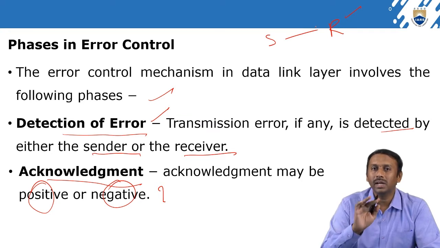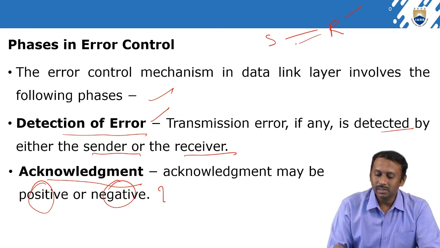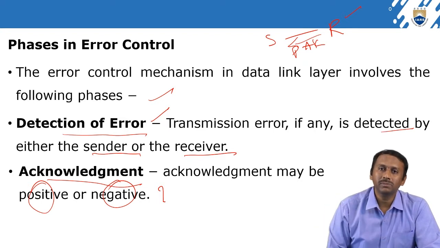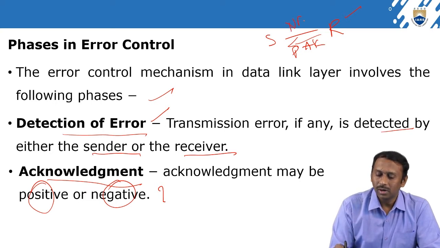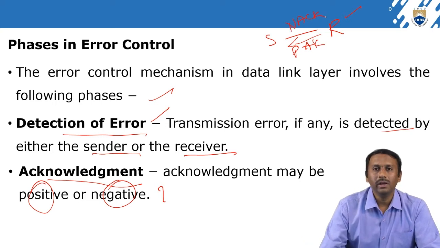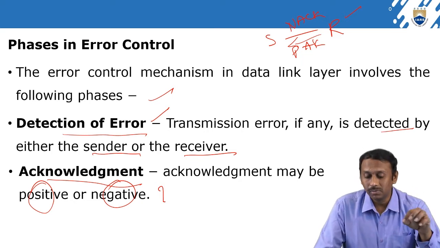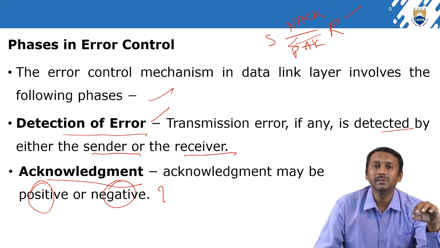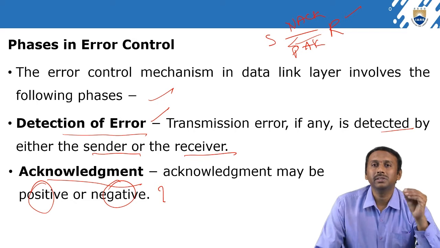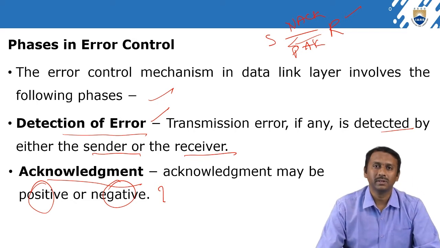The sender sends the data, the receiver successfully receives it without any data loss, then the receiver sends an acknowledgement, that is a positive acknowledgement. If the receiver receives data with some data frames lost, that means negative acknowledgement. When a negative acknowledgement is received by the sender, it means the complete data was not received by the receiver. Clear?